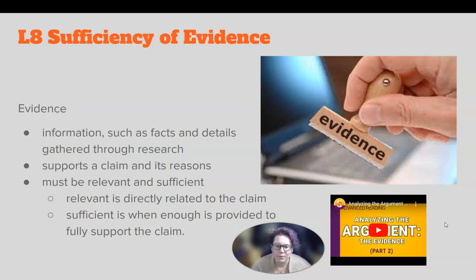Remember, this evidence is coming from somewhere. You have to tell your audience where you got that evidence. And that includes if you're including a graphic like an illustration, a photo, a graph, a chart, you have to have photo credits for those. Okay, so where did you get them from, or cite your source of where you got those from. So make sure you check out the videos on how to put in photo credits as well.